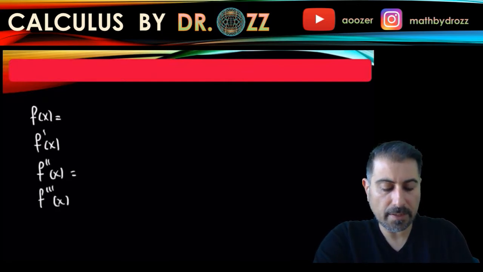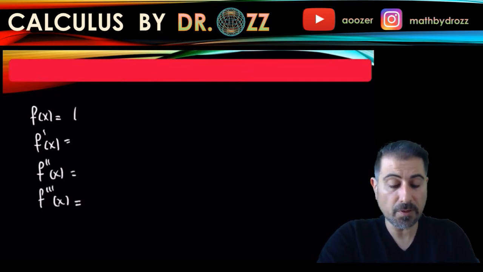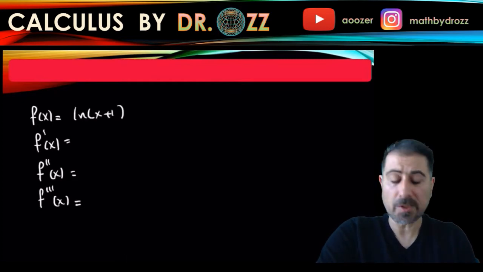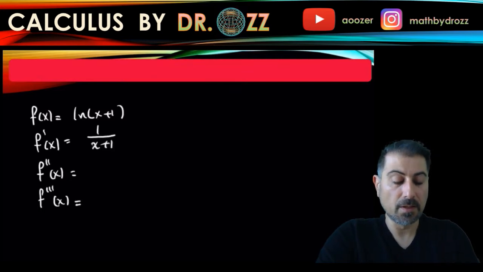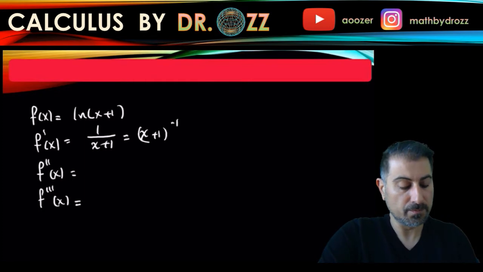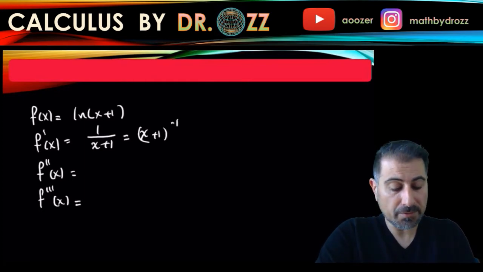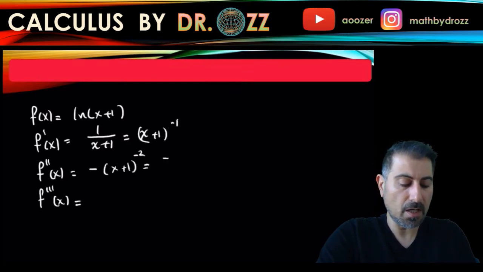Let's just look at the first few derivatives for ln(x+1). If you follow the derivatives formula card, ln(x+1) has a derivative 1 over x+1. Let's write it in the exponent form. So use the generalized power rule. So the derivative is going to be minus (x+1)^(-2), so it's going to be minus 1 over (x+1) squared.